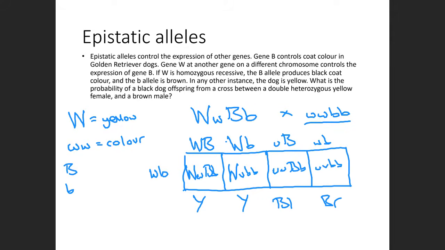So the question is saying, what's the probability of getting a black dog from this? That is 1 chance in 4, 0.25. Make sure that you're answering the question the way it wants you to answer it, if it's a written response question.